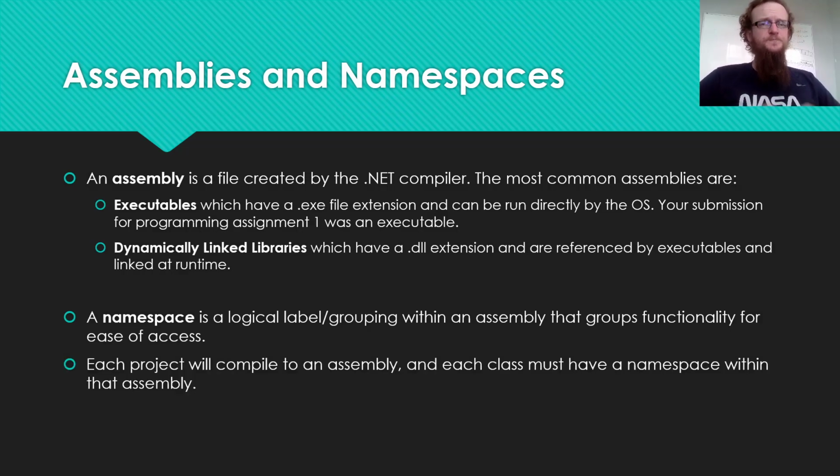The way this works with C# solutions or projects is that each project is either going to compile to an executable because it has been marked as a console application or a WPF application or whatever, or it's going to compile to a dynamically linked library because it's been marked as a library file. And the .NET compiler, named Roslyn, is going to know which of those files needs to be created for whichever solution or for whichever project.